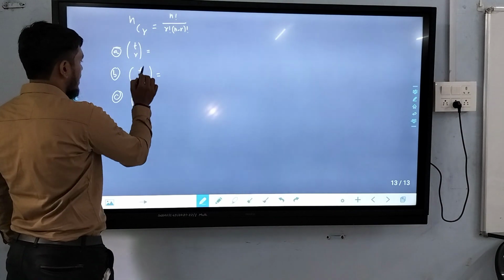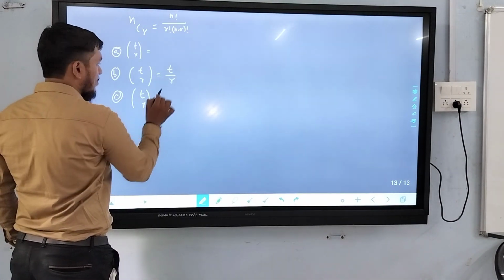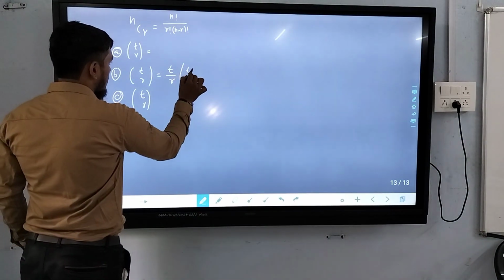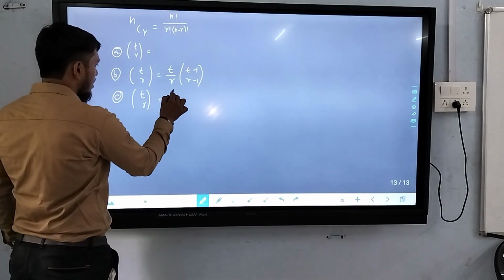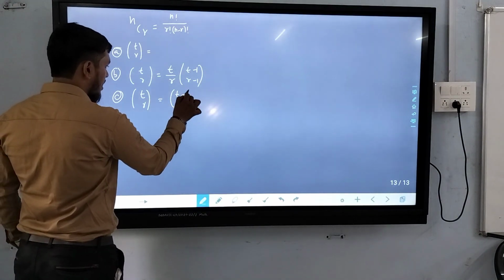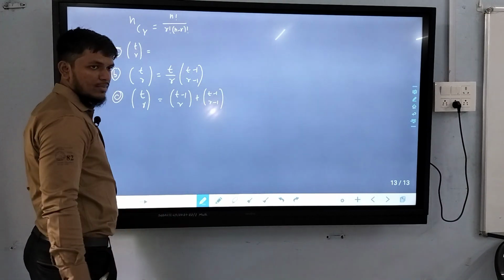So in the second property, this TCR is equal to t upon r and t minus 1 C r minus 1. And in the addition formula, this is t minus 1 C r plus t minus 1 C r minus 1.